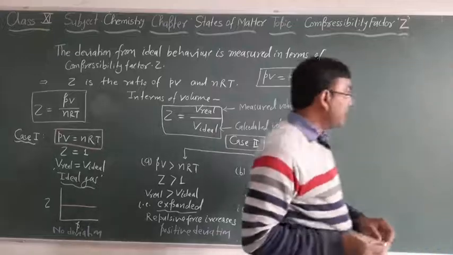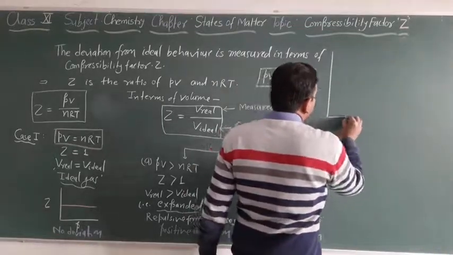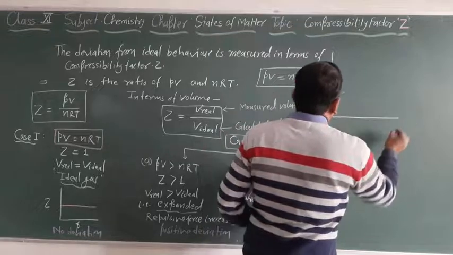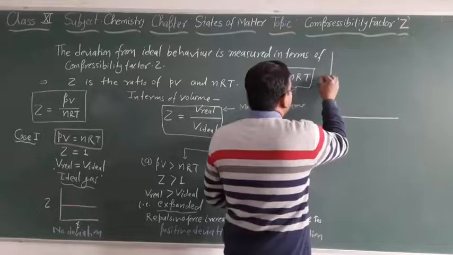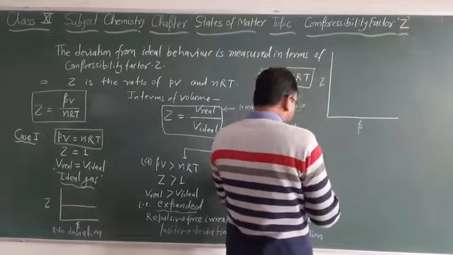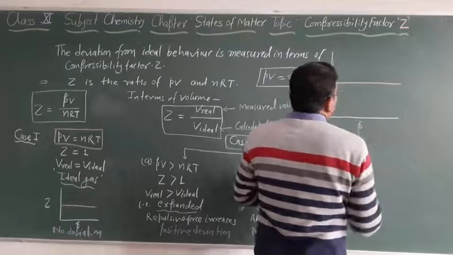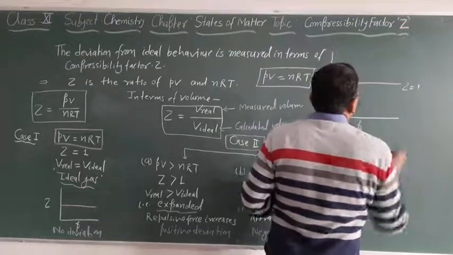One another graph here: the variation of Z with P at different temperatures. So this is the ideal gas, Z is equal to 1.